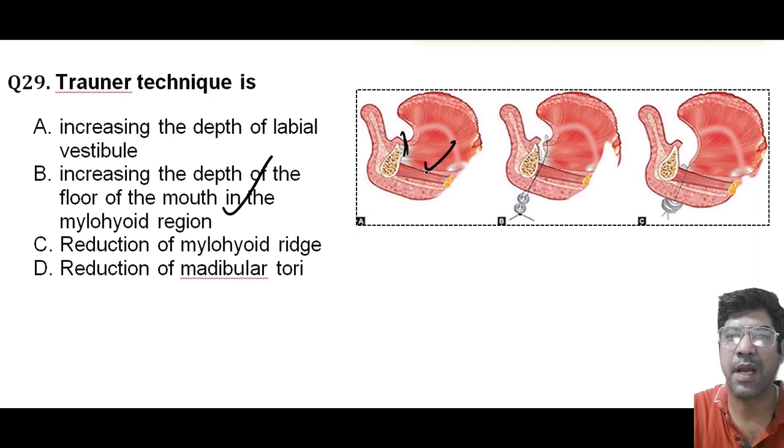and perform a supraperiosteal dissection. During the supraperiosteal dissection, the incision is made along the lingual side of the alveolar ridge, typically in the posterior region. The periosteum is then gently lifted or separated from the underlying bone to expose the mylohyoid muscle.